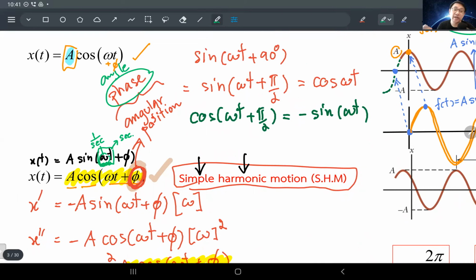So omega is in units of 1 over second, but in radians. So it's the frequency, hertz in radians, and that is just angular frequency. You guys with me now?